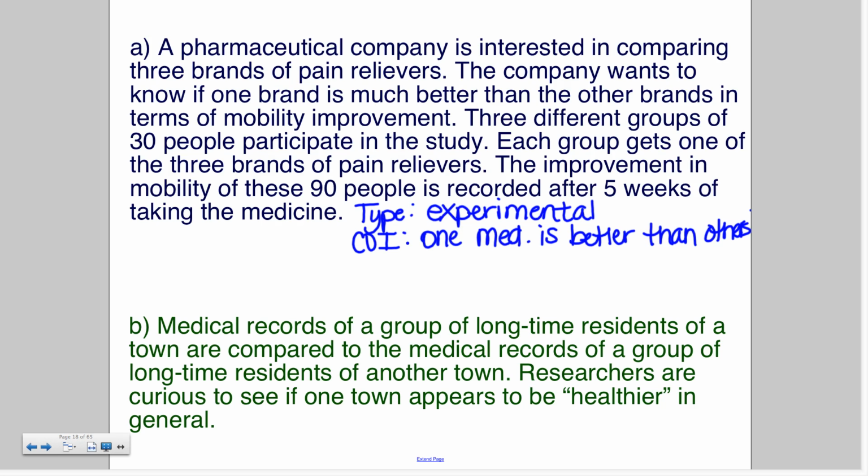All right. Now, my population are the people that I'm wanting to see who it helps. So people with mobility problems.